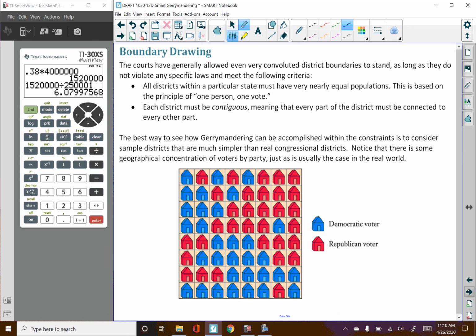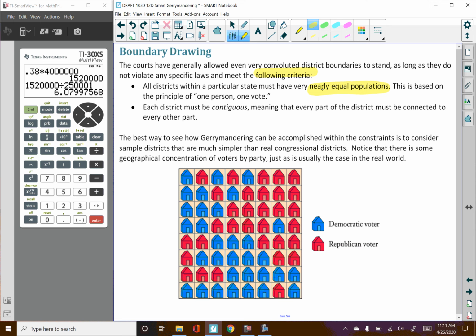Okay, last topic is boundary drawing. The courts have generally allowed even very convoluted district boundaries to stand, even when they've been challenged in the court system, as long as they don't violate any specific laws, and they do have to meet the following criteria. Districts within a particular state must have pretty nearly equal populations.